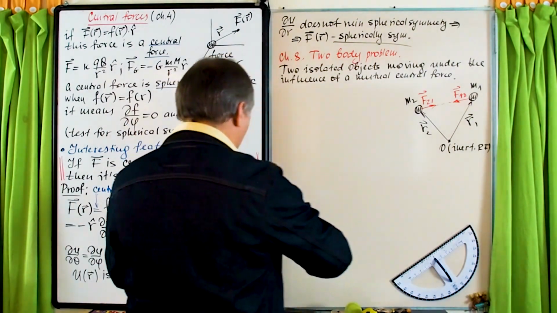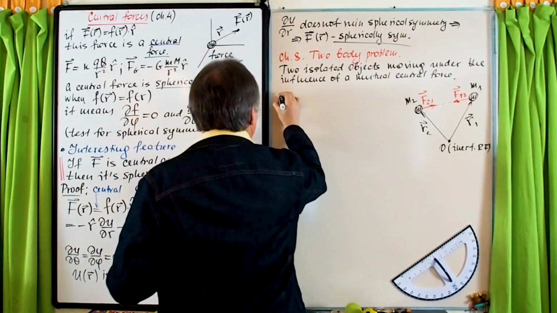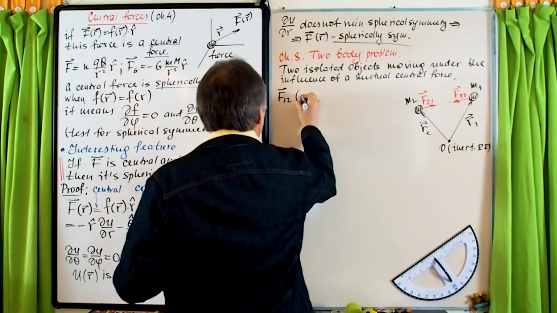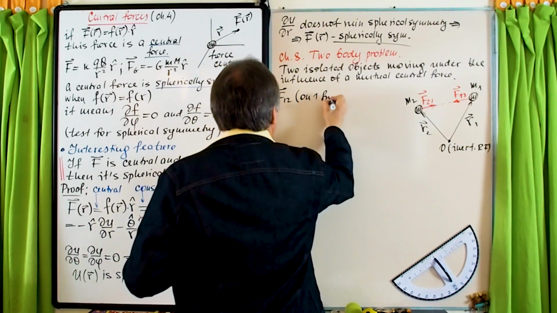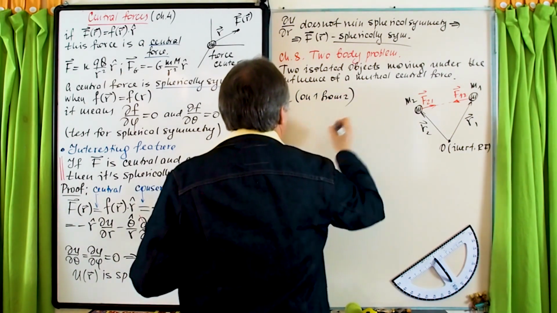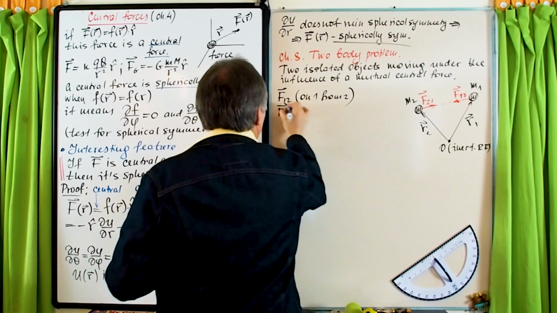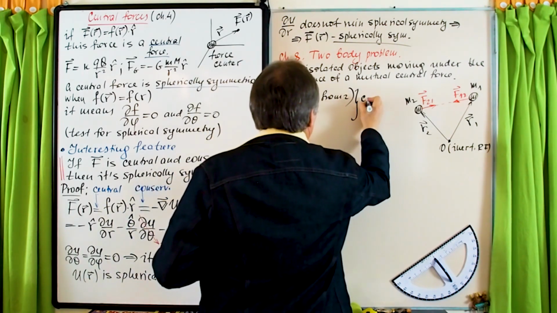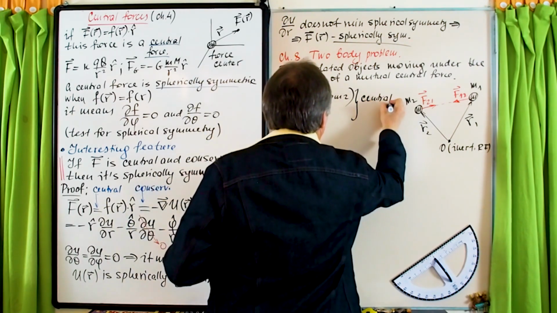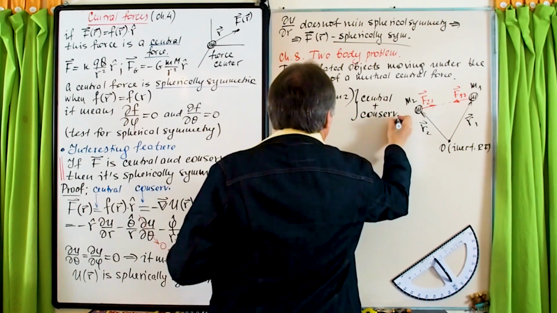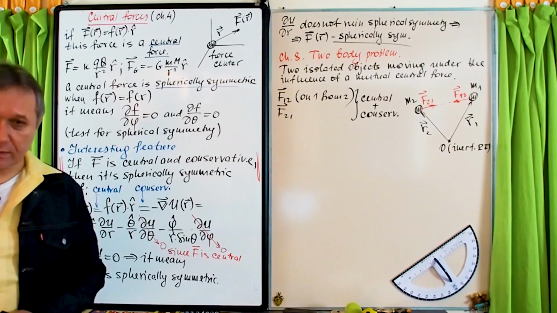About those two forces, let's make assumptions. F1,2, let me emphasize, is on 1 from 2, and this F2,1 are central plus conservative. So let's make this assumption.